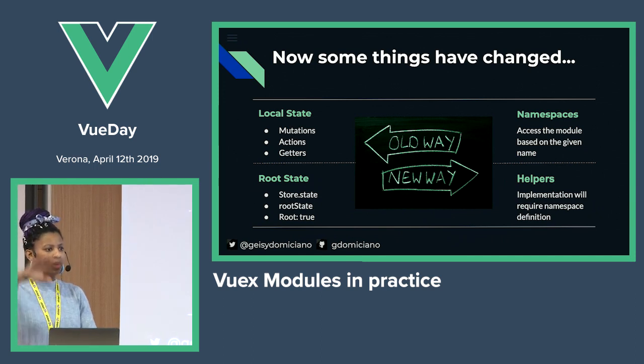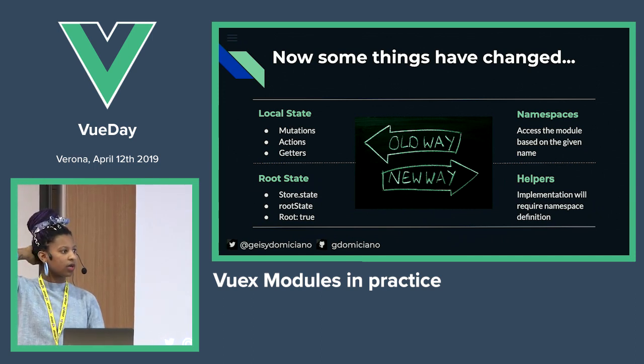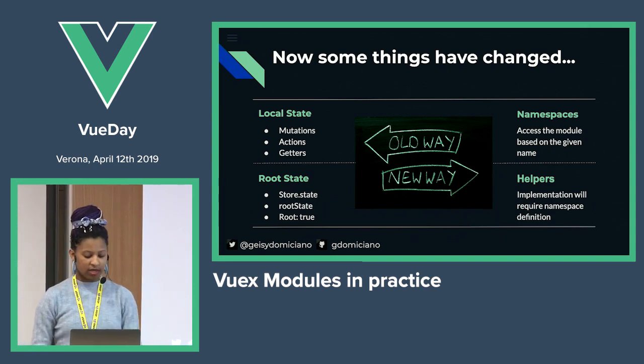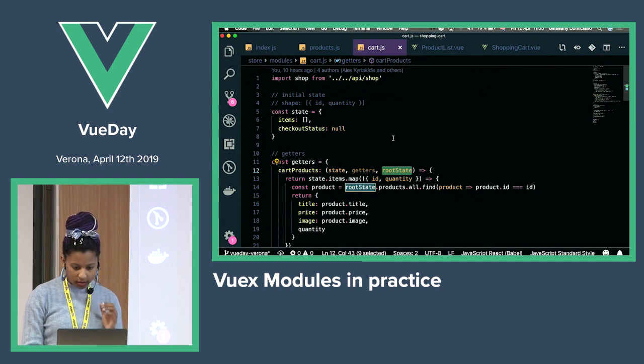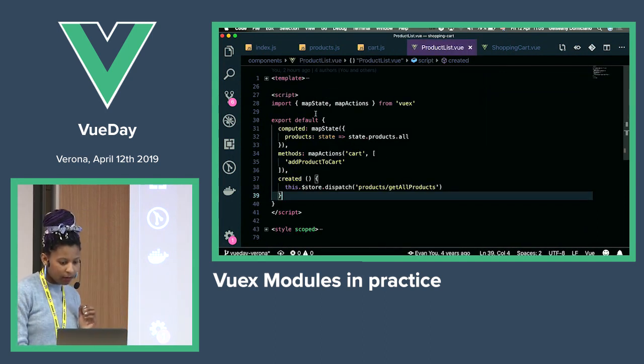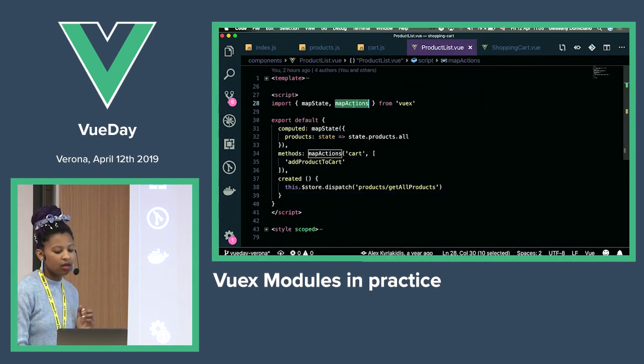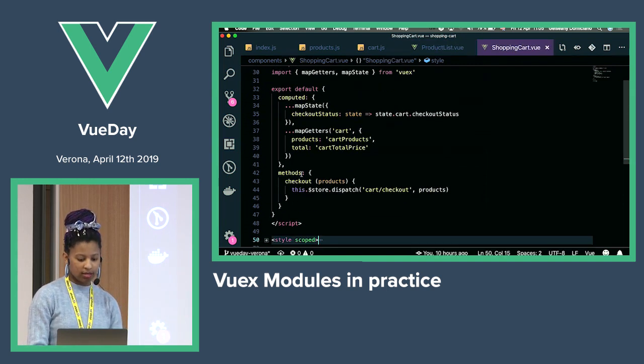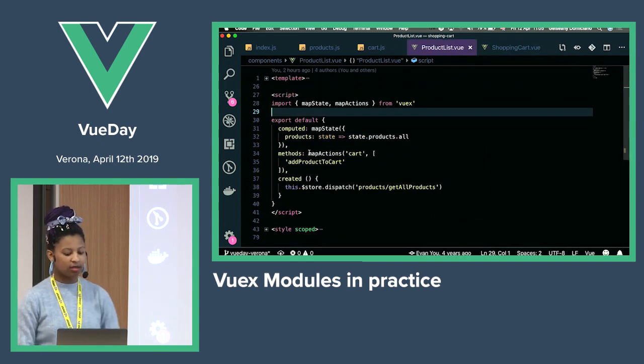How many of you here, raise your hands, actually use helpers? Okay. Well, the helpers are just this reference here, where instead of having to use this.store.dispatch and then go to an action, you use it inside your methods.